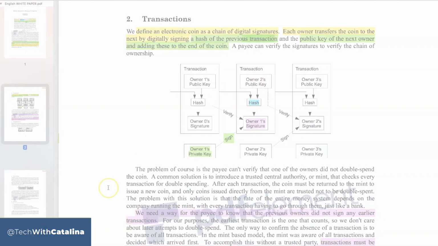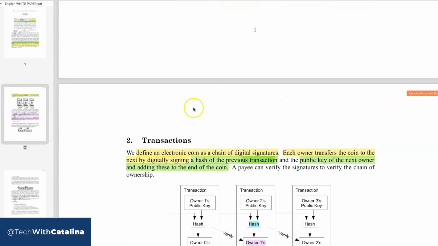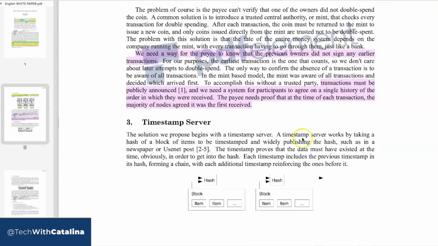That's it. Finally, to close the topic of transactions, here I want to highlight the following. Transactions must be publicly announced, and we need a system for participants to agree on a single history of the order in which they were received.